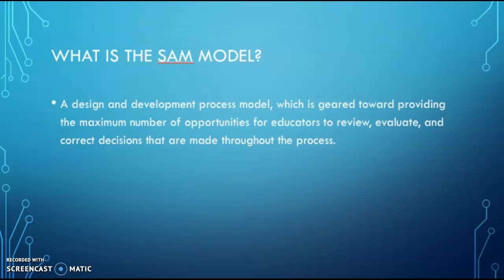It is a design and development process model, which is geared toward providing the maximum number of opportunities for educators to review, evaluate, and correct decisions that are made throughout the process.